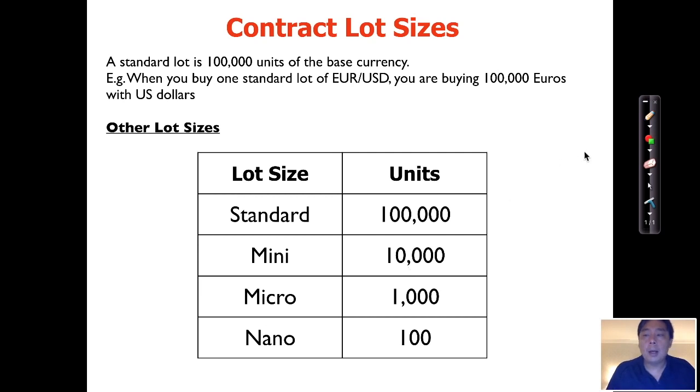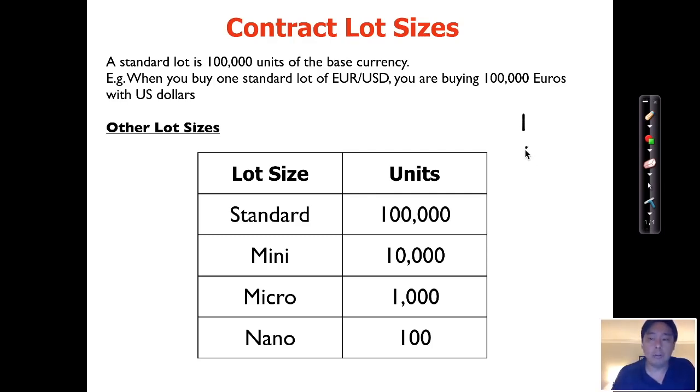It depends on the broker you use. For example, if you use most MT4 platforms, you key in terms of lot size. If you want to buy 100,000 euros for Euro USD, you key in 1, because 1 means one lot, which is 100,000. If you want to buy 50,000, what do you key in?